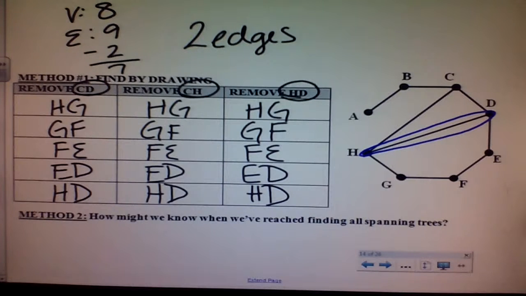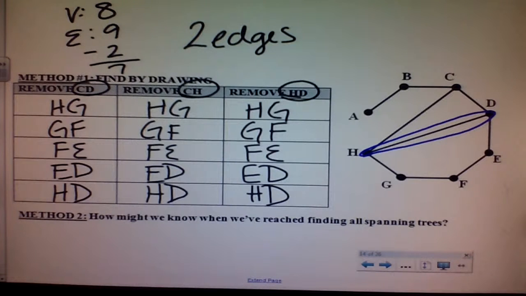Okay, take a look at this. I can remove C to D from this one, and then I have 5 options on this one. I can remove C to H from this one, and then any of the 5 options from the second one. I can remove H to D from this one, but then what happens when I go to remove from my second circuit? Take a look at that last column.